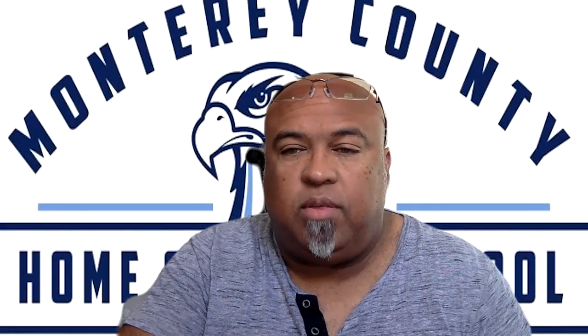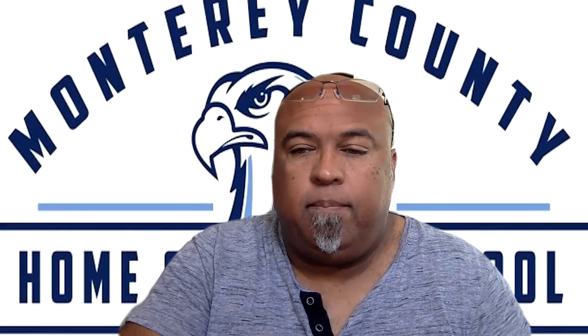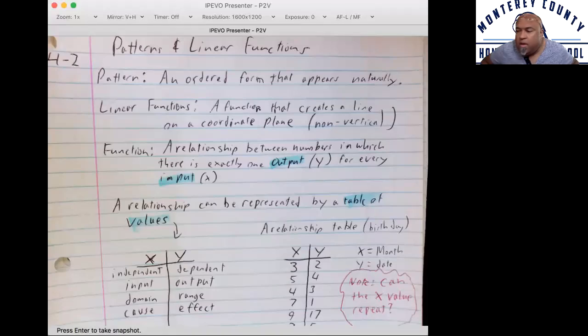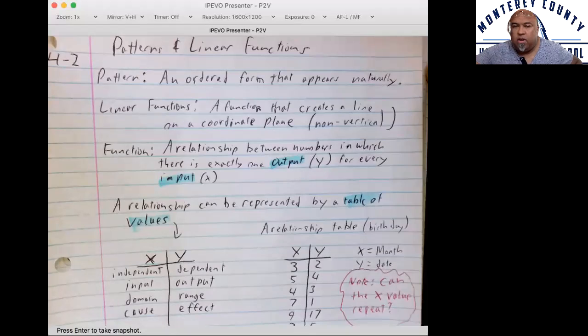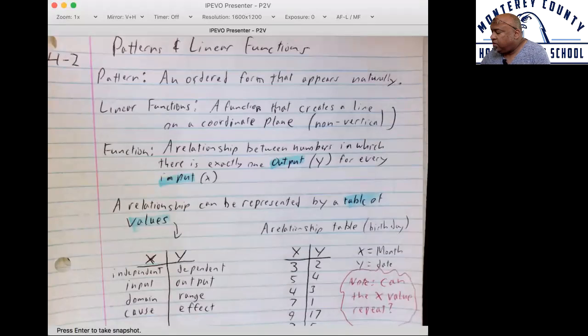Let me share my screen with you. All right, students. Today's lesson 4.2 is patterns and linear functions. It is page, oh goodness, 50 something. I turned the page here, I apologize.